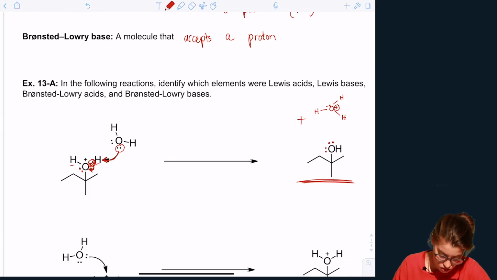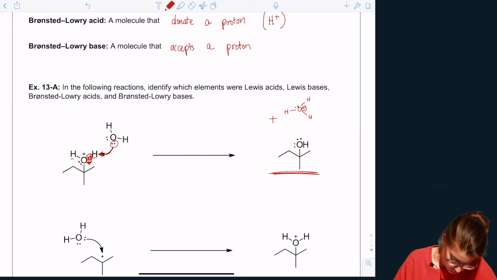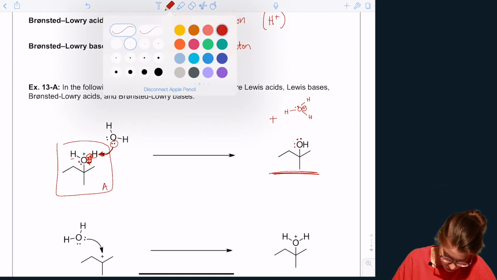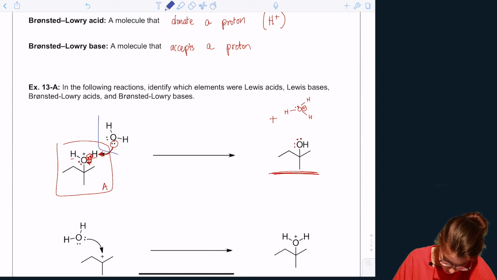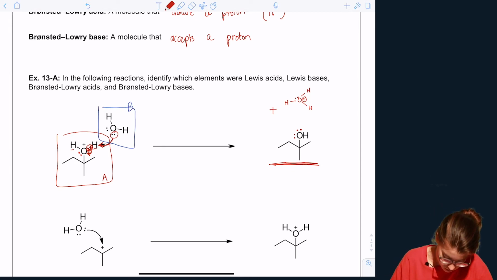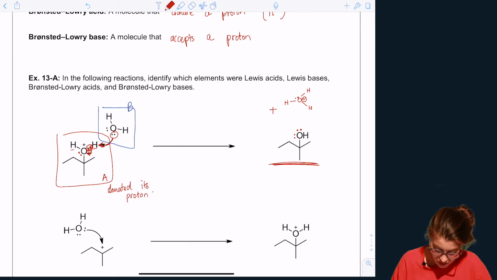Okay, so let's call this molecule A, and let's call this water molecule B. Molecule A donated its proton, so it could be defined as a Bronsted-Lowry acid.